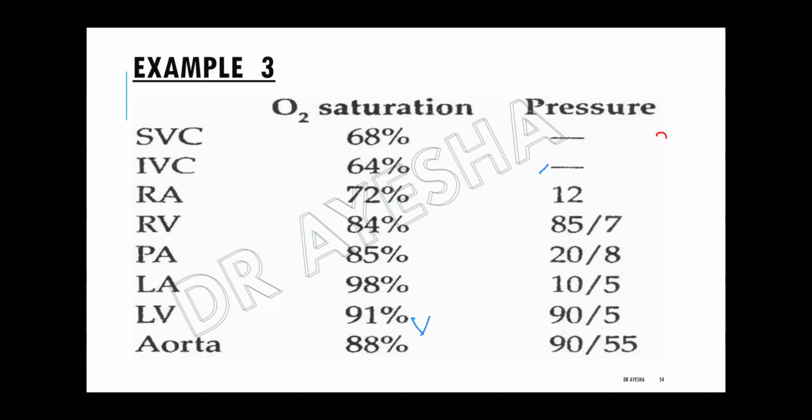Whenever you want to check the shunt, whether it is left to right, right to left, or bidirectional, you have to check the saturation. So when you see over here at the level of the right ventricle, there is an increase in the saturation. An increase in the saturation means oxygenated blood from the left side comes into the right ventricle. You will agree with me, Saad. You agree with me on this?